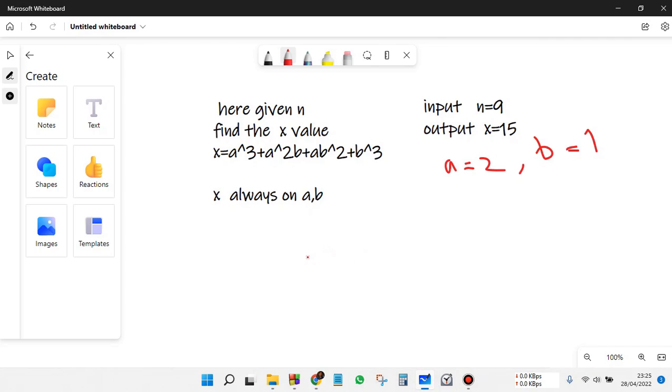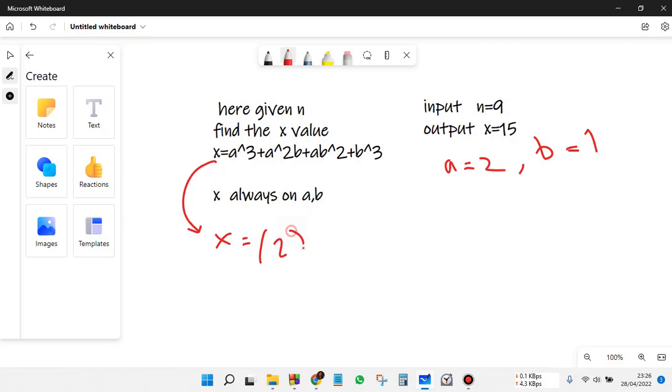Now we are putting the a and b values into the function. For the x function, we put a equal to 2 and b equal to 1.